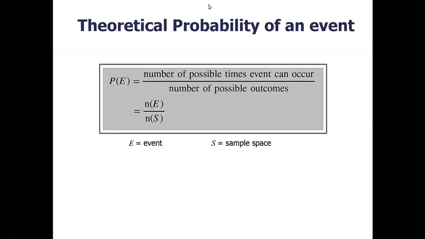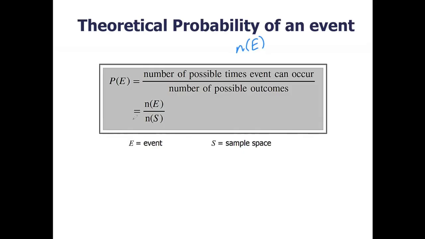And remember, with number of outcomes, we use the letter N. If we're saying N of E, for instance, we're talking about the number of outcomes in this event E. For instance, if I'm talking about rolling a dice and landing on an even number, how many even numbers are there on a dice? There are 3. It's 2, 4, and 6. So therefore, the number of outcomes in the event of wanting even numbers is 3.